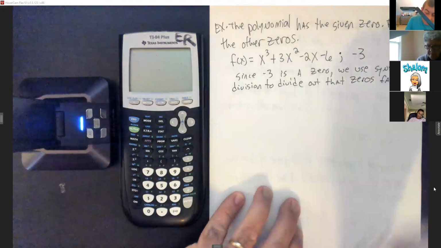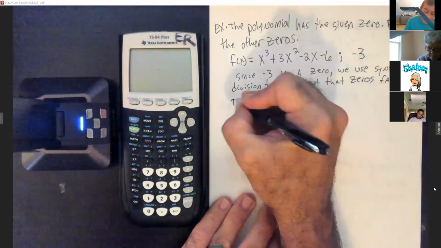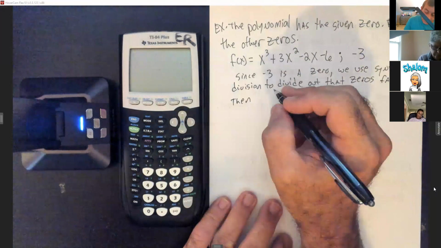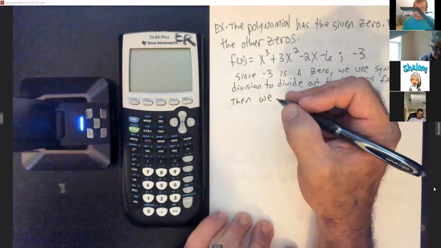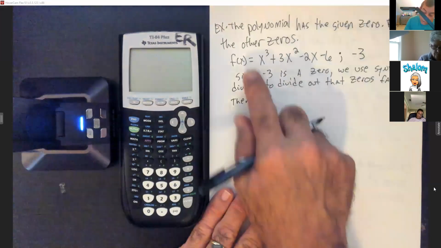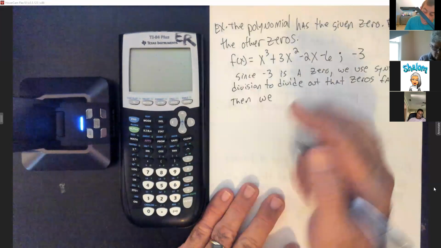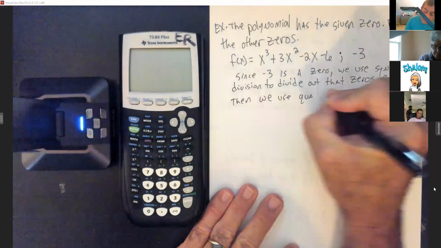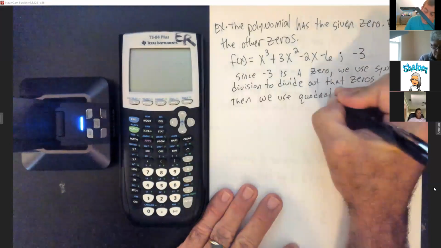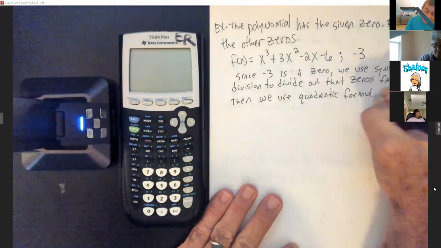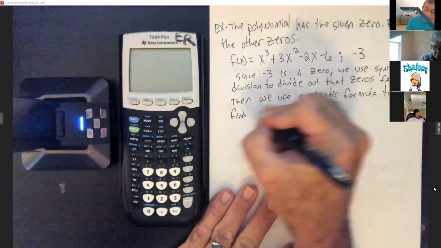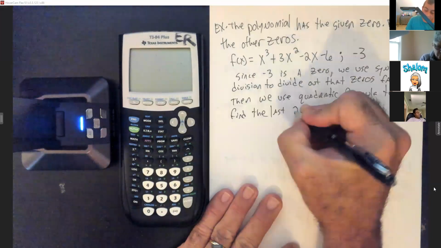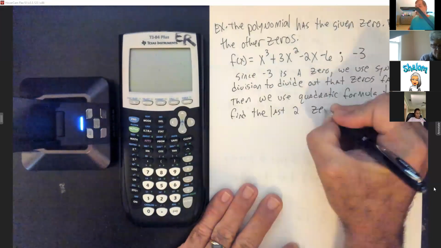Then, now this one's an x3, so on this one, I'm going to factor out that zero. Then we use the quadratic formula to find the last two zeros.